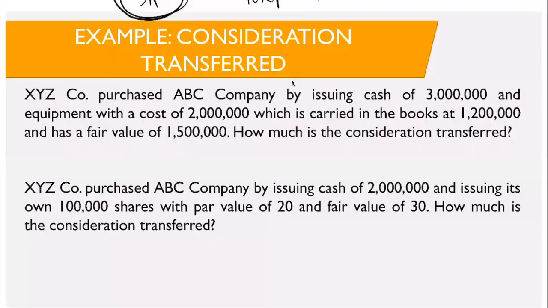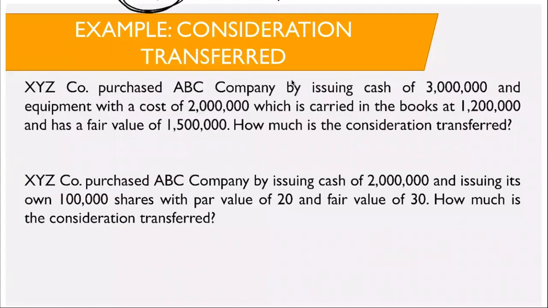So first, on your consideration transferred, in the first problem, XYZ company purchased ABC company by issuing cash of 3 million pesos and equipment with a cost of 2 million, carried in the books at 1.2 and has a fair value of 1.5 million. How much is the consideration transferred?